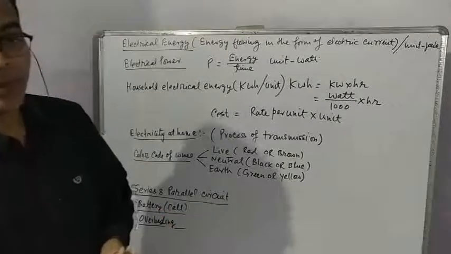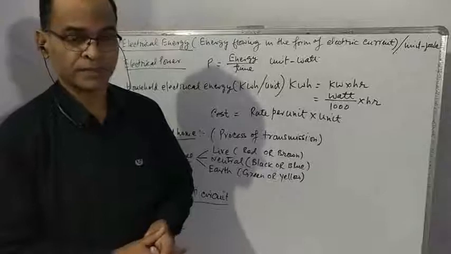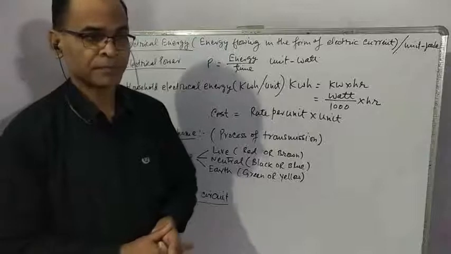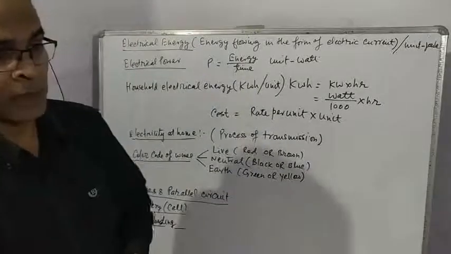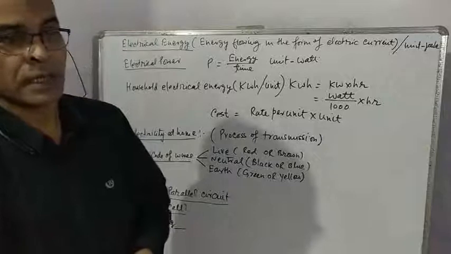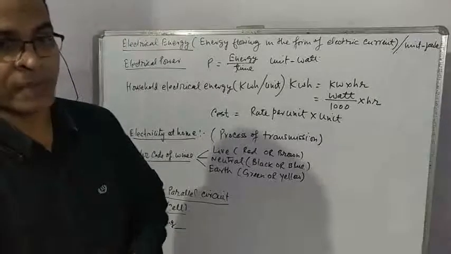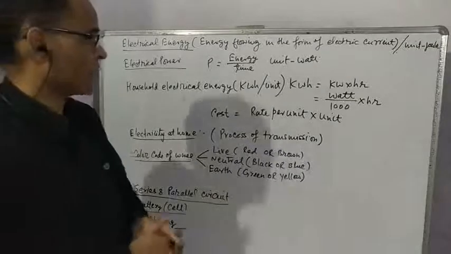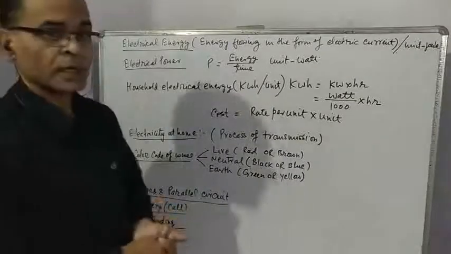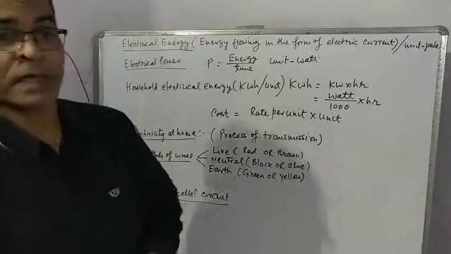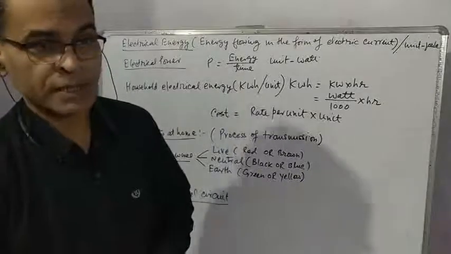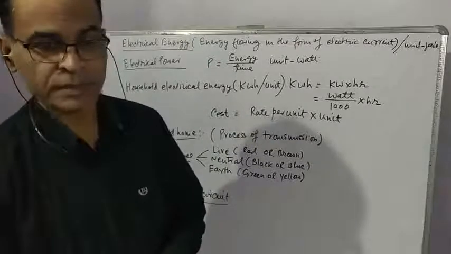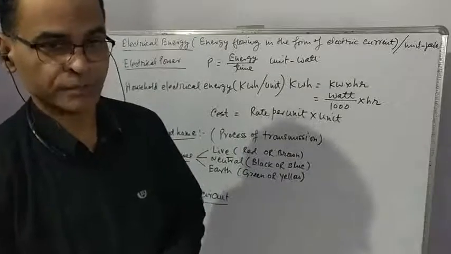The most common form of energy in our houses is electricity. But electricity is a commercial commodity, and for commercial purposes it is produced by power plants and sold to household consumers and other industries.